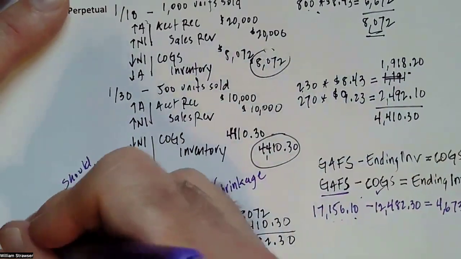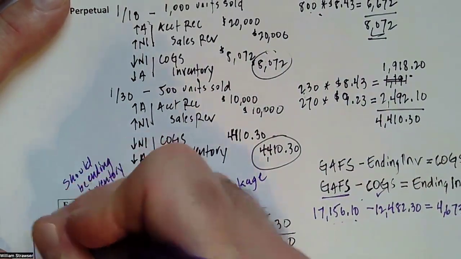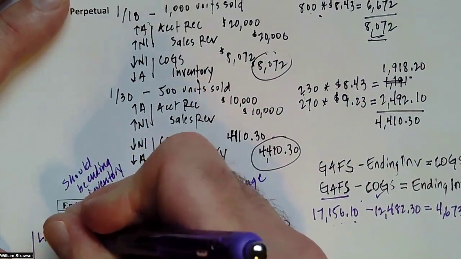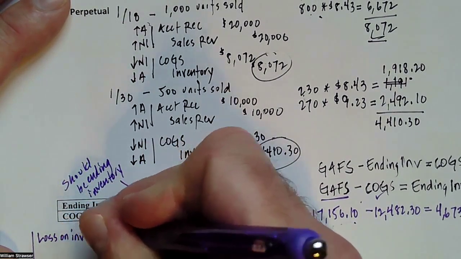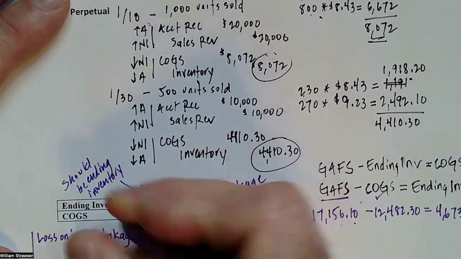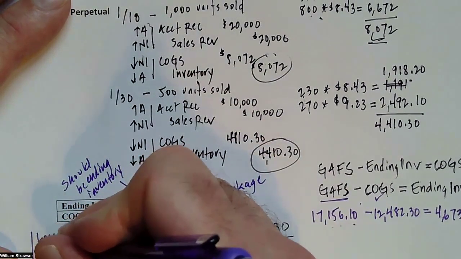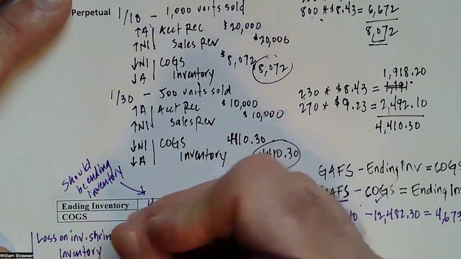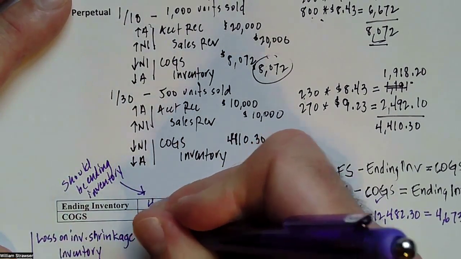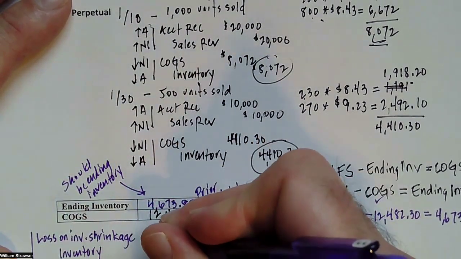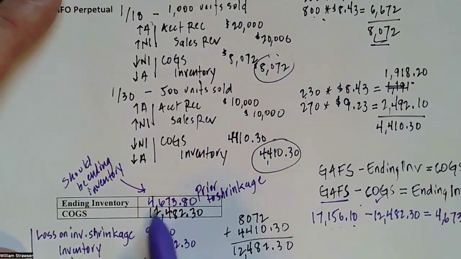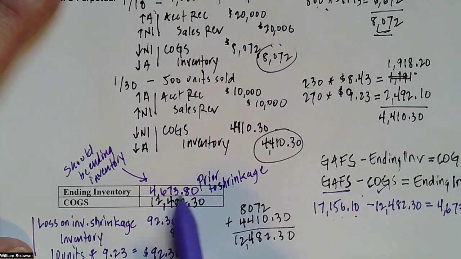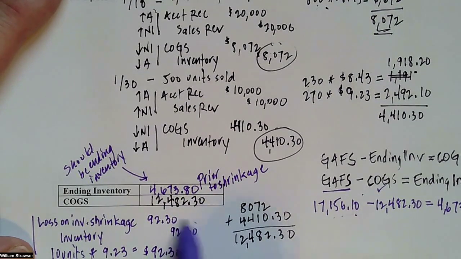So we would record a loss on inventory shrinkage. And a credit to inventory for $92.30, which would just reduce this balance of $4,673.80 by that amount.